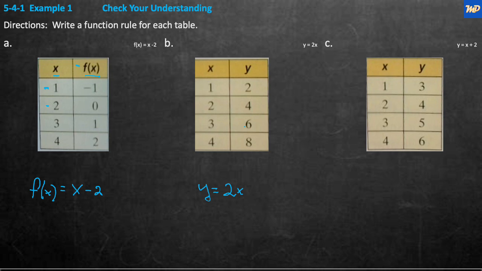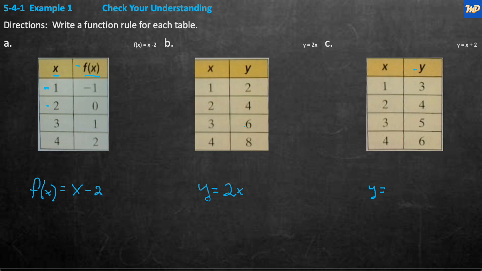Okay, let's do the next one. Again, we see that they're looking for a y, so I'll start by writing a y. And that y equals, so we look at our first one. 1 gives us a 3. Well, 3 is 2 higher. So it could be 1 plus 2 or 3 times 1. How about 2 to get us a 4? Oh, look at that.